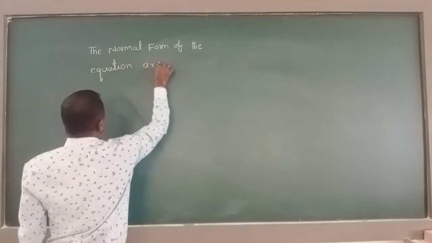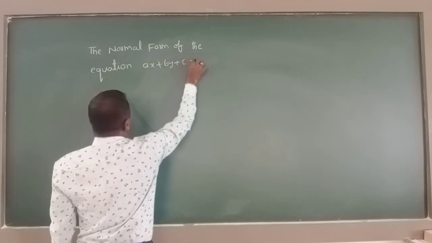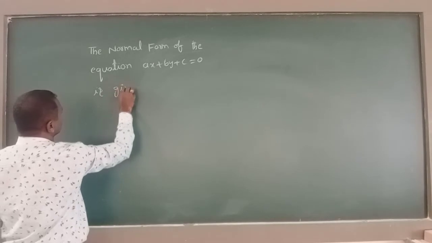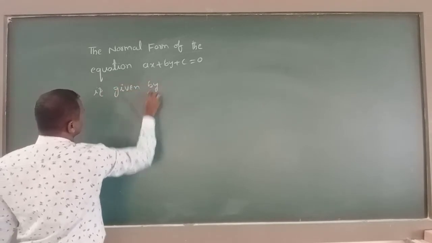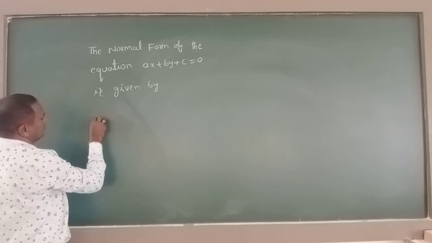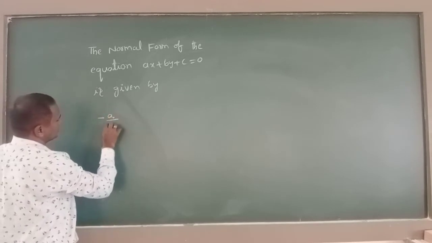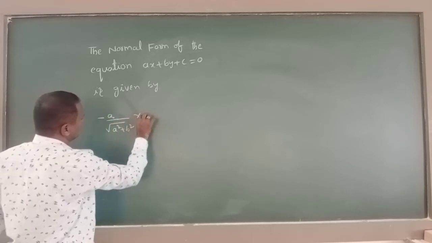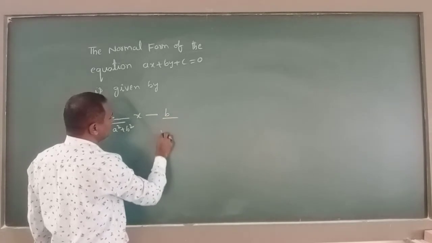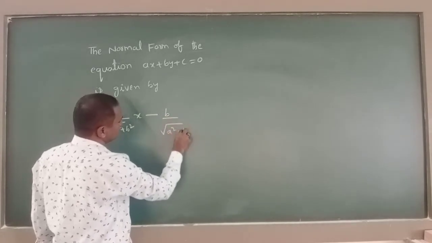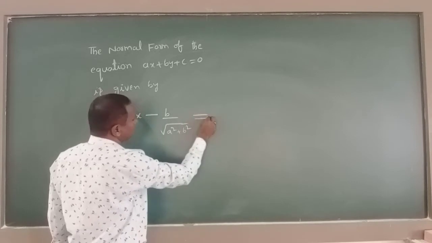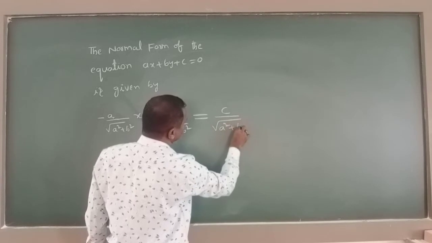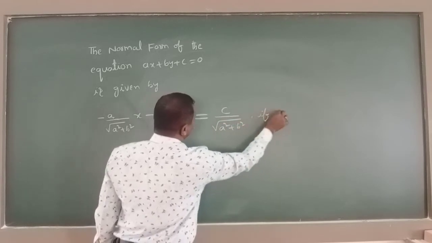ax plus by plus c is equal to 0 is given by minus a by square root of a square plus b square times x minus b by square root of a square plus b square times y is equal to c by square root of a square plus b square, if c is greater than 0.